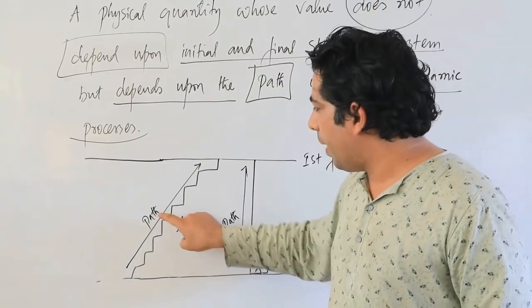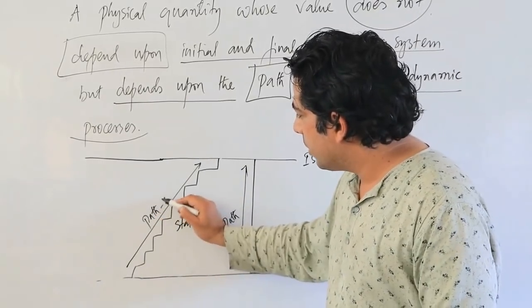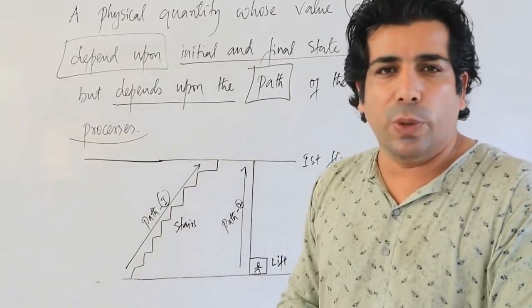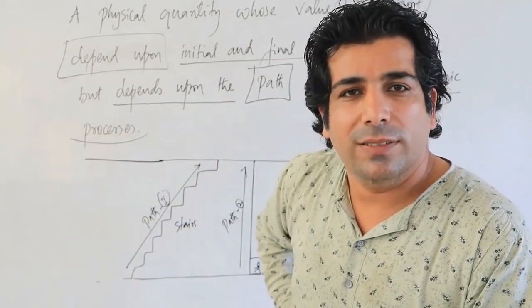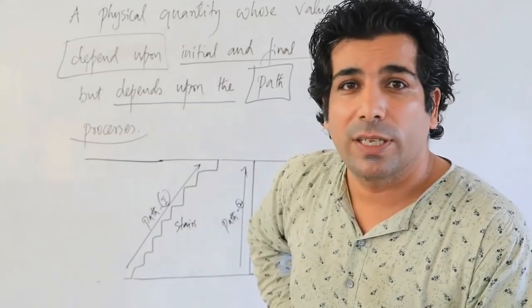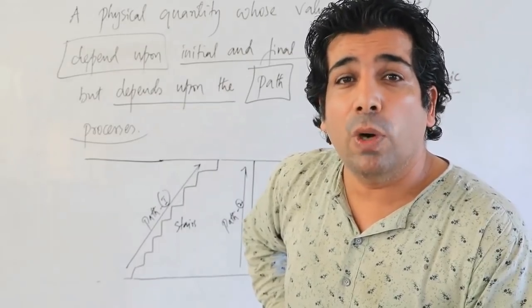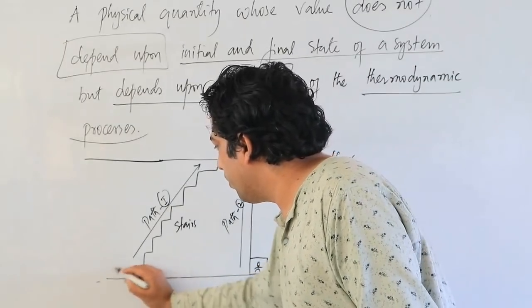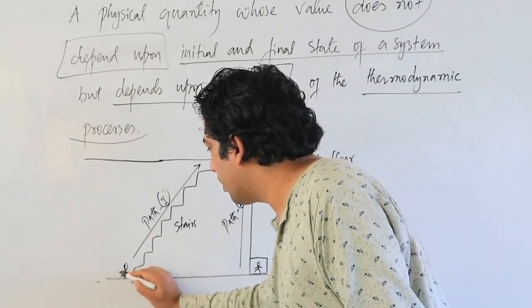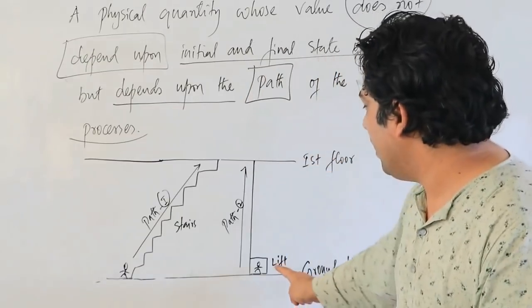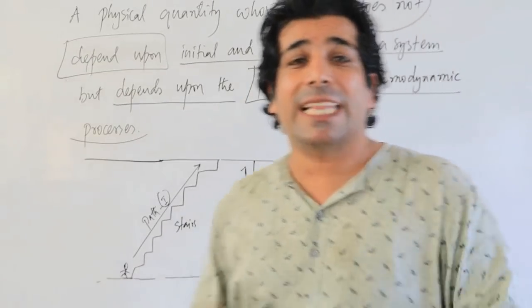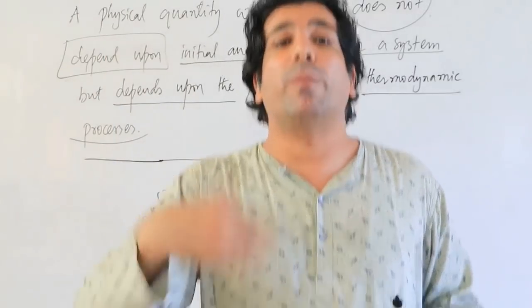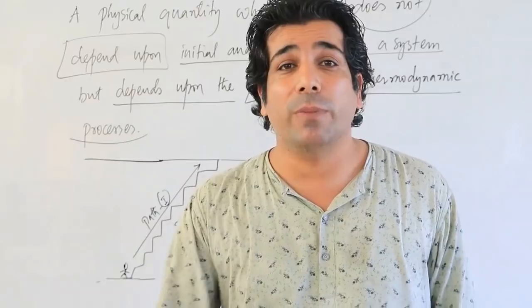Do you think this path 1 and path 2 are equal? No, they are not equal. In which path is more work done by the person? Do you think a person is doing more work on the stairs or in the lift? Obviously, when we climb up the stairs, we are doing more work because we are covering more path. So our legs are doing more work.